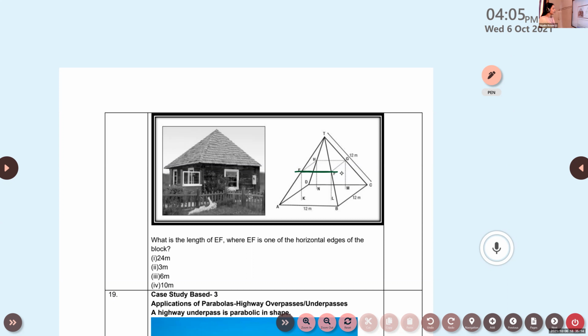What will be the length of EF? Yes. What is the length of EF, where EF is the horizontal edges of the block? What will be the answer?